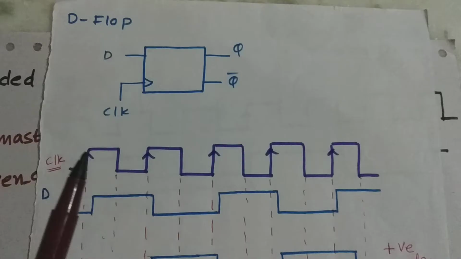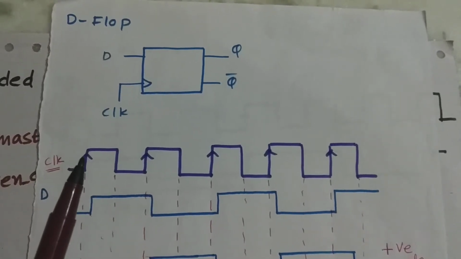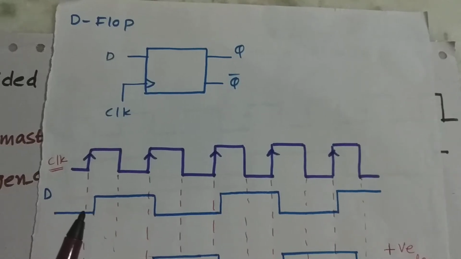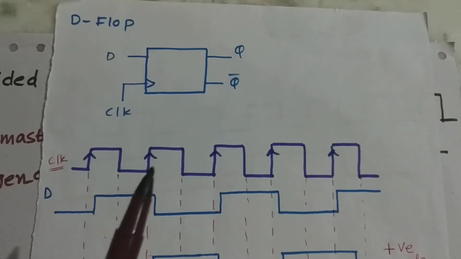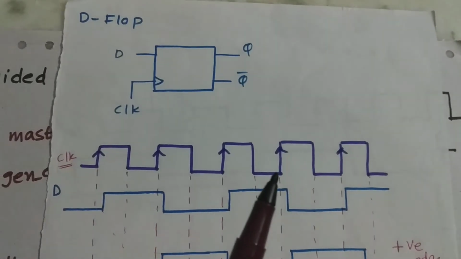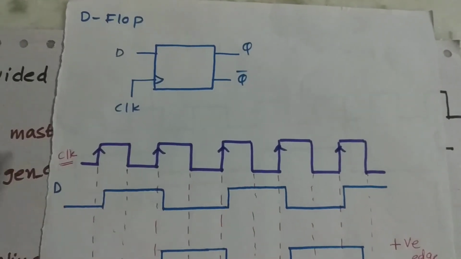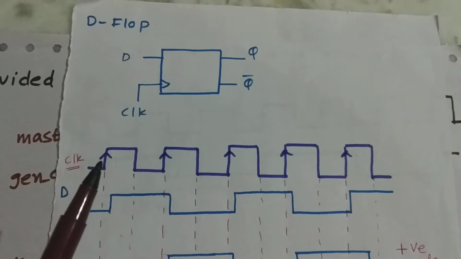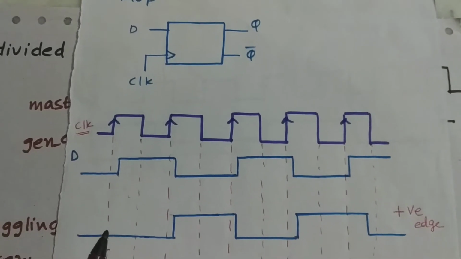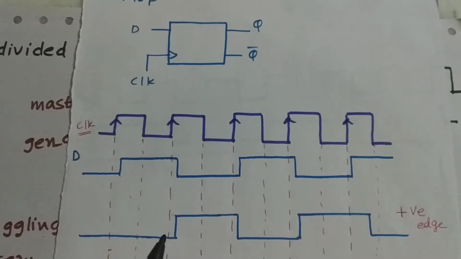As you can see, we are now checking at the posedge of the clock. At this posedge the value of D is 0, at this posedge it's 1, at this posedge it's 0, at this posedge it's 1. So it's 0 from this posedge to this posedge, so output will be 0 from this posedge to this posedge.